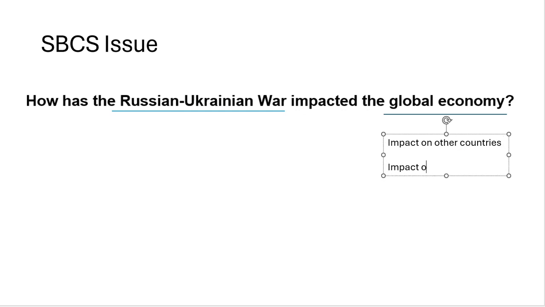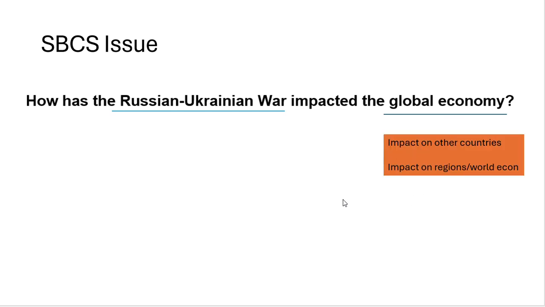We're talking about the impact on regions or on the world economy itself. So these ideas are related to the global economy. It's not just about Russia and Ukraine, but also about how the war between these two countries has impacted others. So make sure that you read the question, highlight the keywords, and think about what the keywords seem to imply. What do we need to focus on?